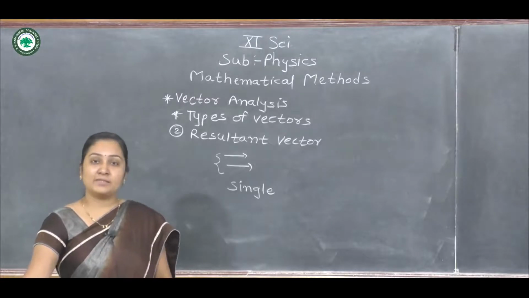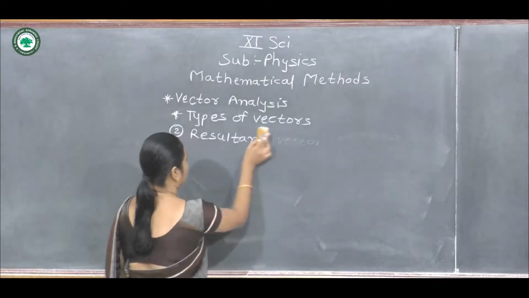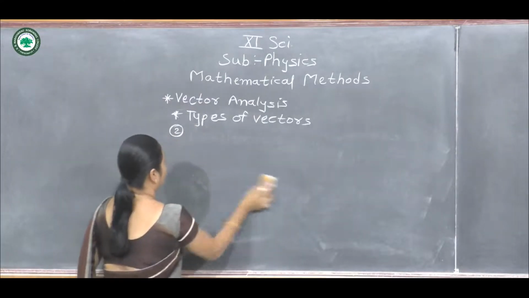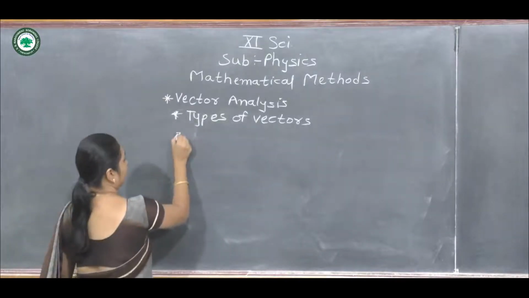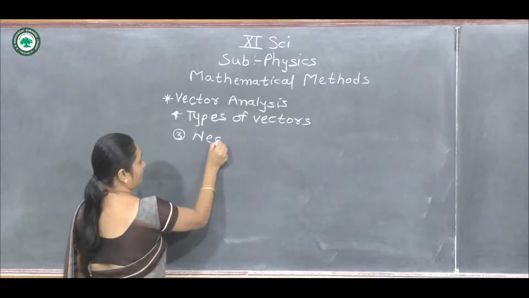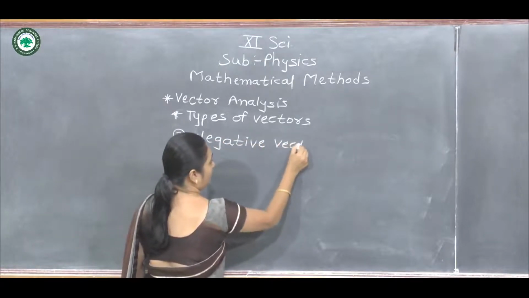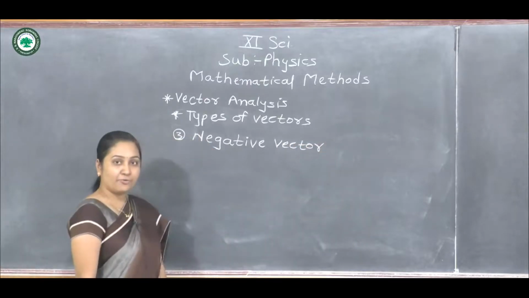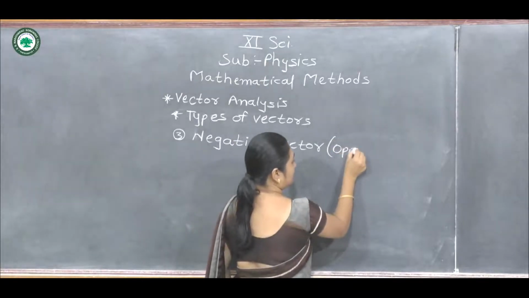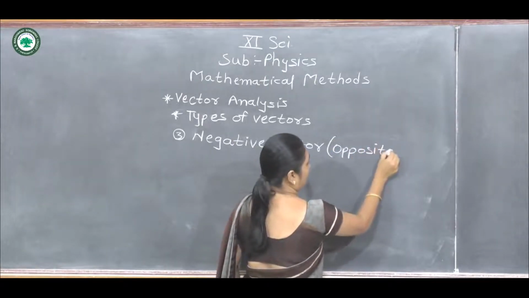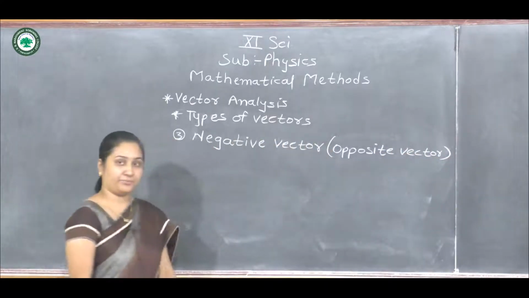Then the next, that is the third type of vector, is the negative vector, or it is also called the opposite vector.